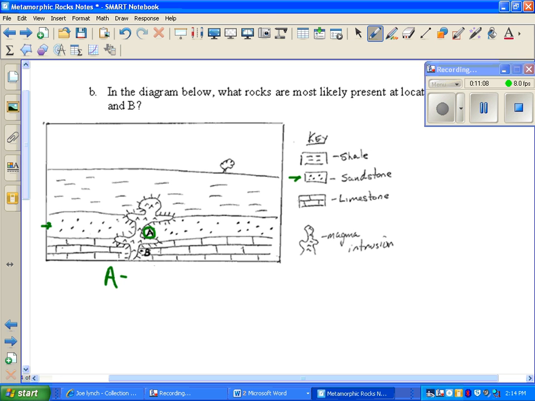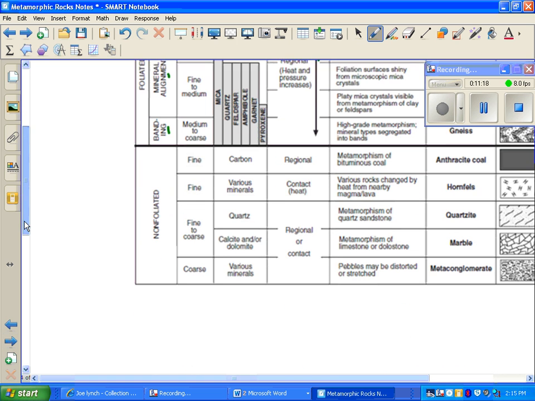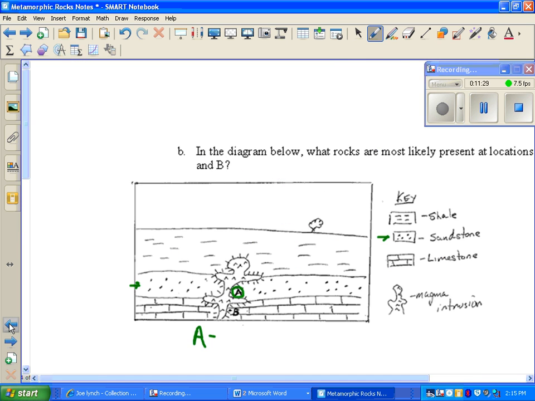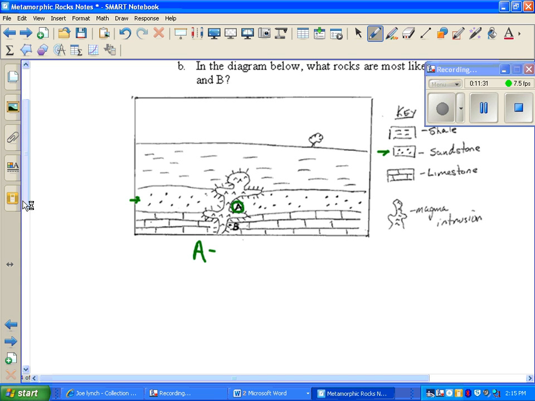And what do we get when magma comes in contact with the sandstone? It's going to create metamorphic rock, and the metamorphic rock that's made out of sandstone, if we look at our reference table, is right here. Metamorphism of sandstone is quartzite. So we're going to call that one quartzite. So we're going to say A is quartzite.